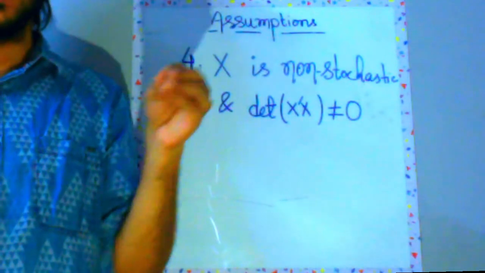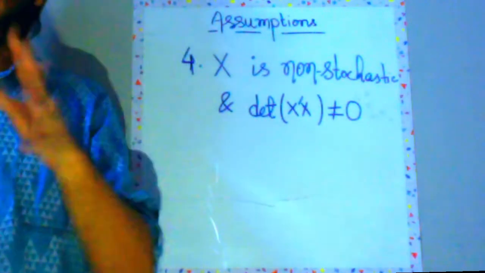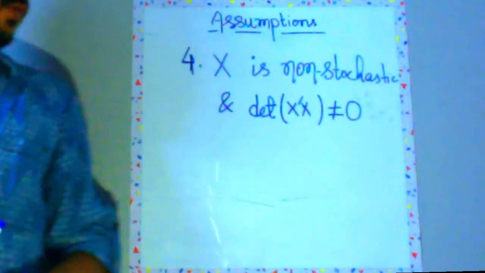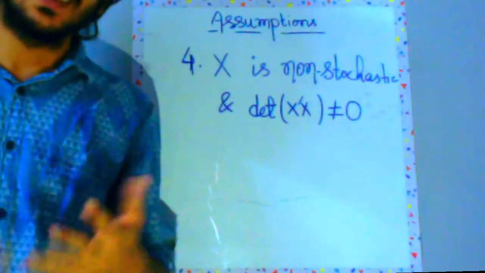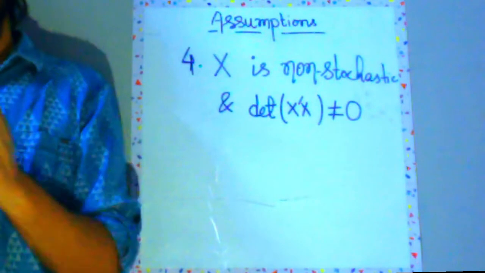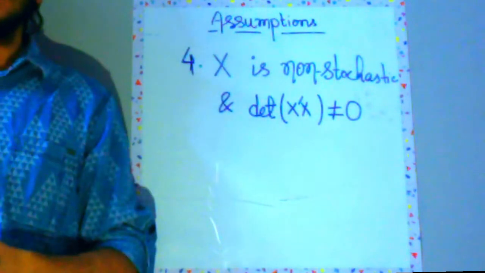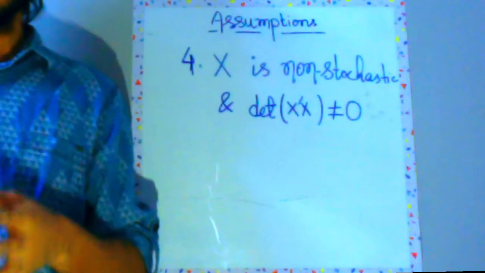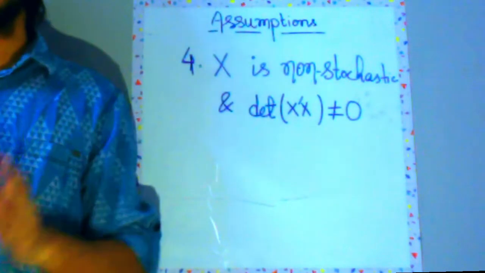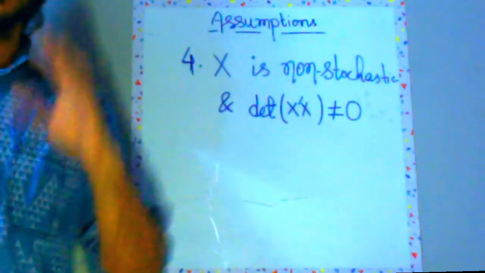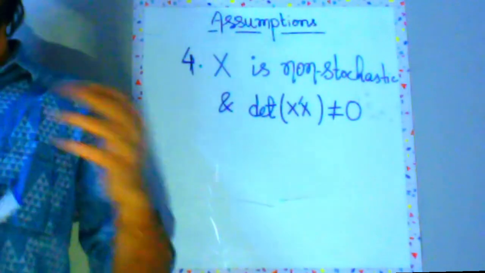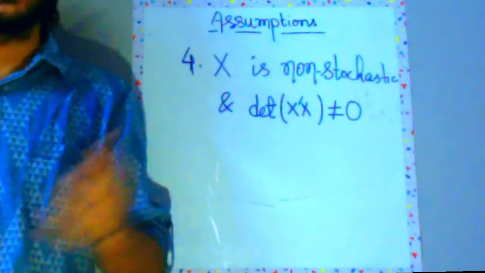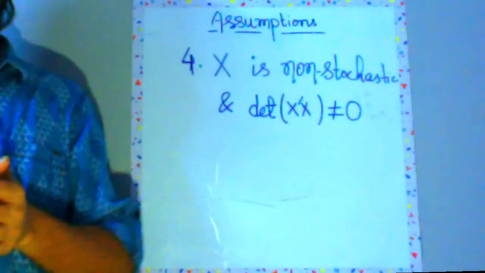Non-stochastic meaning not changing. If you go into the definition of stochastic, it will be a difficult thing for a small lecture, and we will not be getting into the technicalities of stochastic nature. So for our purposes, let's just think of X as not changing, and we will try to relax this assumption in a future lecture and see what happens if we do that.